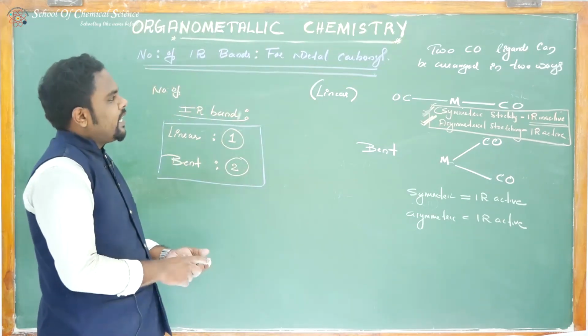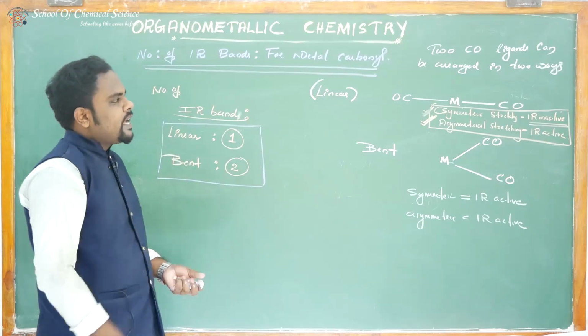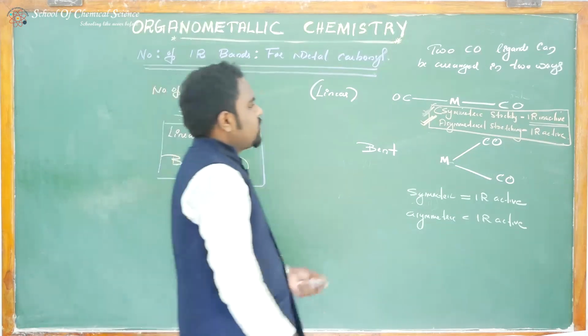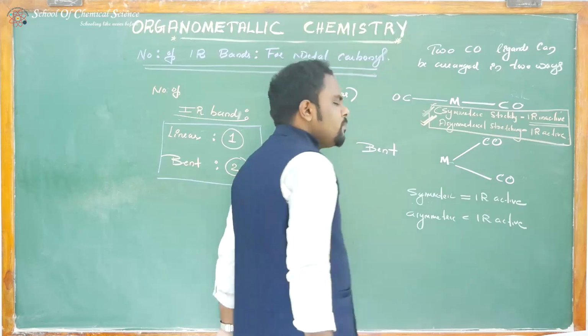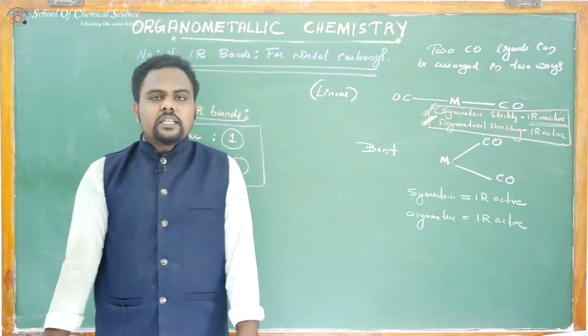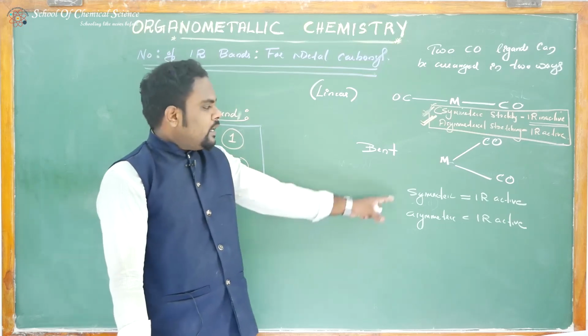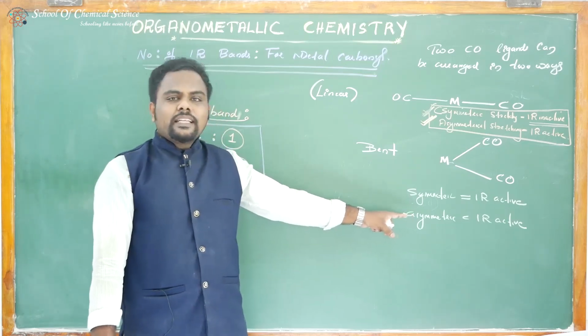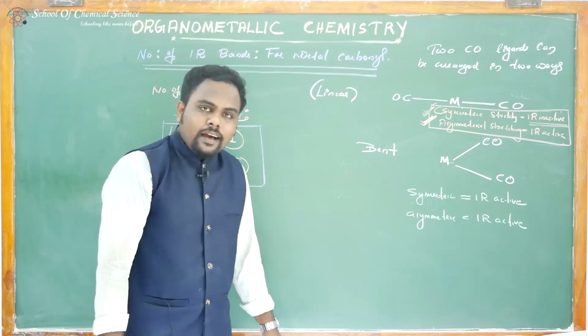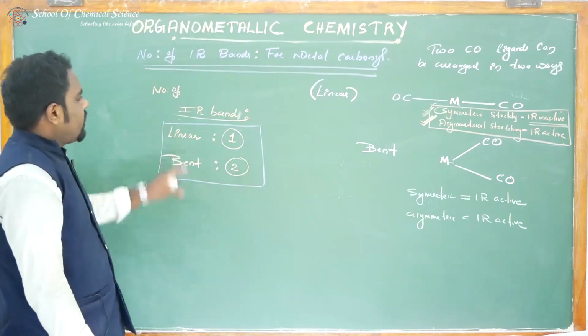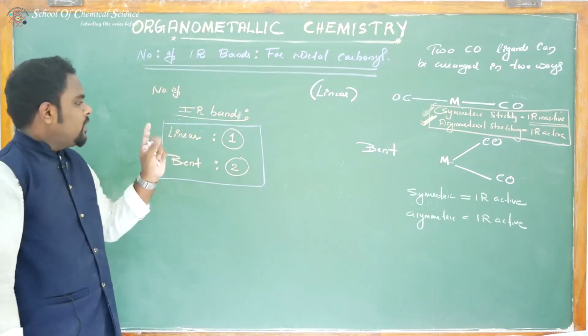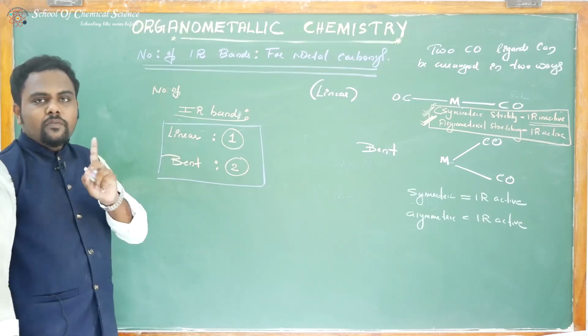Okay. Once again, 2 CO ligands can be arranged in 2 ways. First one in a linear fashion, second one in a bent fashion. In linear fashion, symmetrical stretching is inactive, only asymmetrical is active. In bent fashion, both symmetrical and asymmetrical stretchings are IR active. Then what is the total number of IR bands? For linear only 1, for asymmetrical.